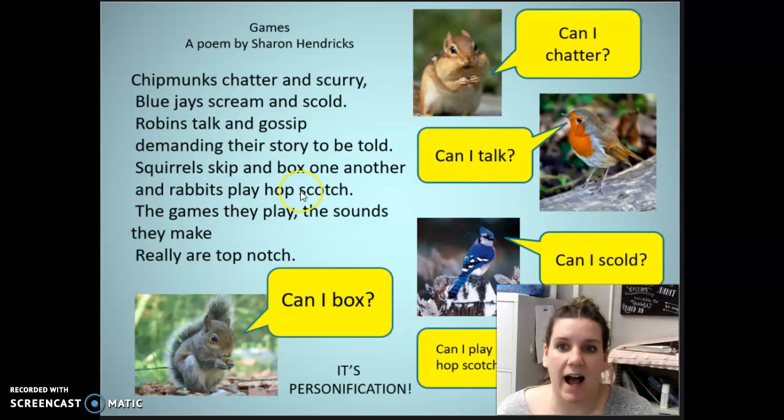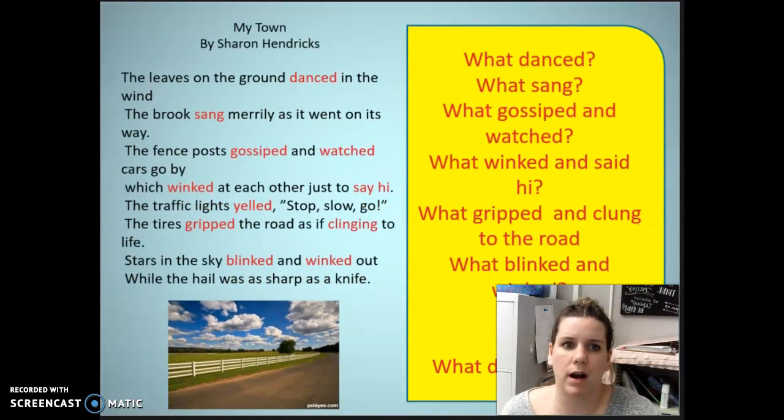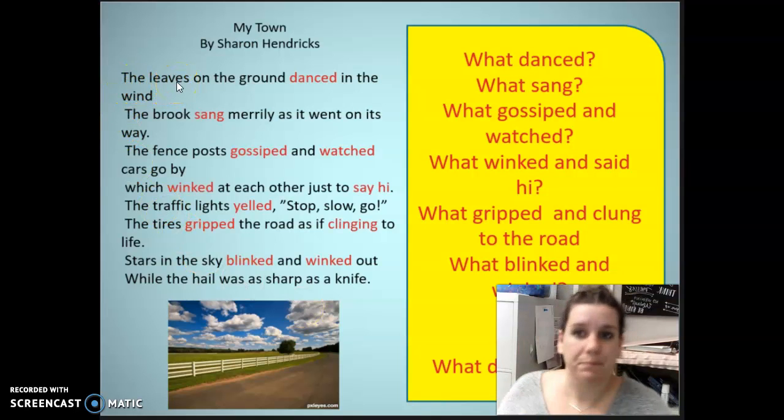And rabbits play hopscotch, because rabbits hop a lot, so they're maybe trying to describe what it looks like that an animal is doing, so it gives you more of that visual if you're reading something, but animals really aren't playing hopscotch. Let's see, we have one more little poem, and it says, the leaves on the ground danced in the wind.